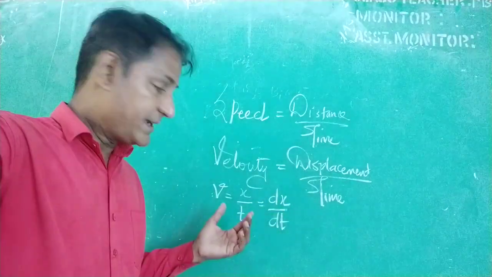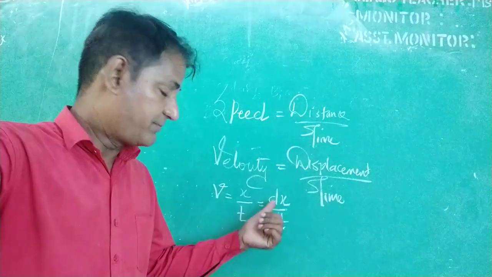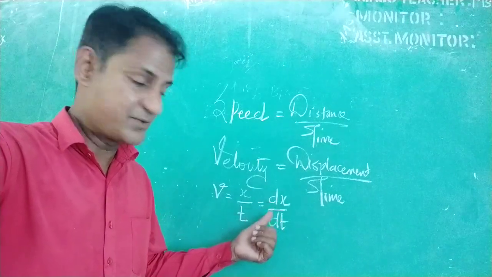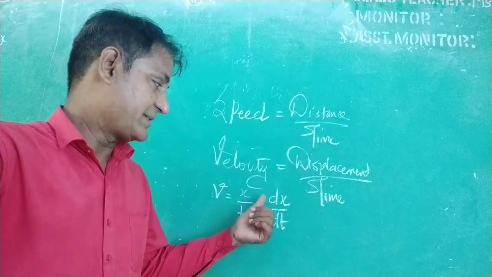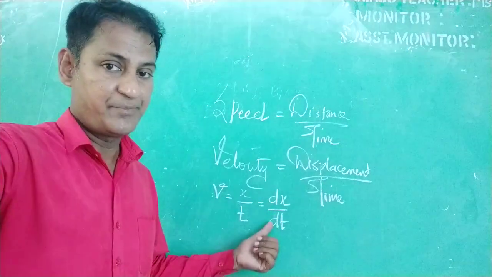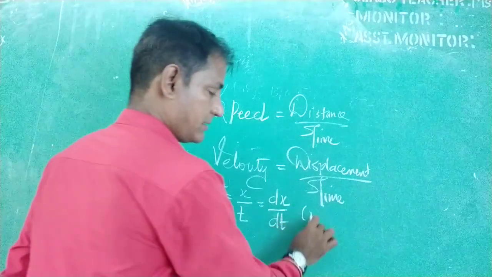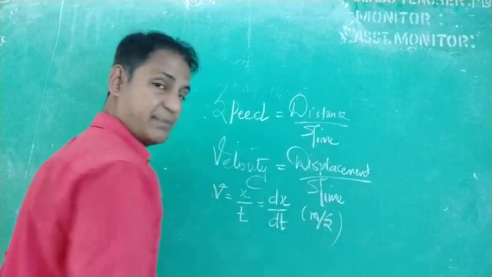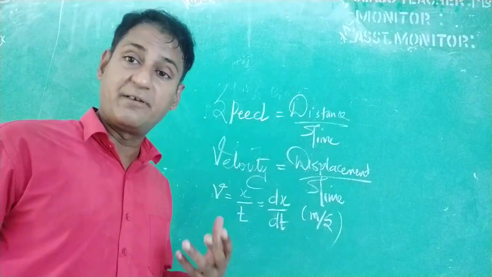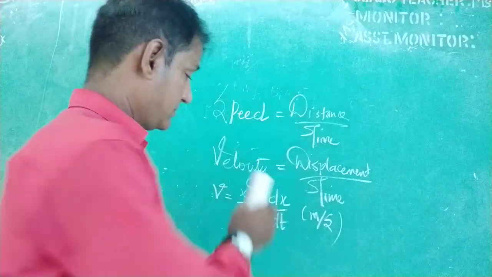So velocity can also be defined as rate of change of displacement. So whenever there is a change in displacement with respect to time, that is what we call as the velocity. Its unit is meter per second.